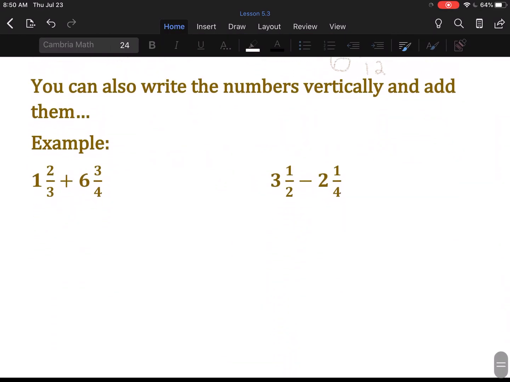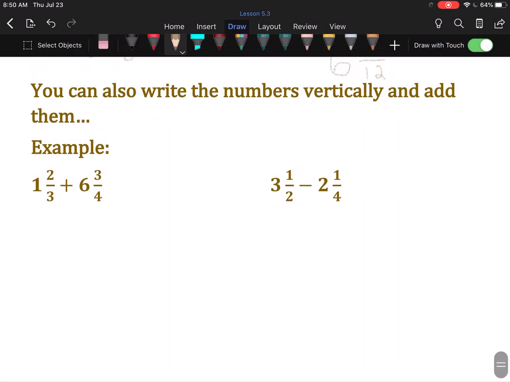Now, we can also do this vertically if we want. So we could change this into 1 and 2/3 plus 6 and 3/4. Now, when I'm doing it vertically, I need the fractions to have common denominators. The whole numbers get to stay, but the fractions both need to change.